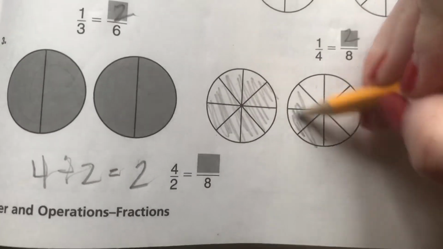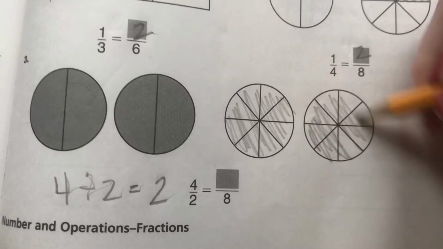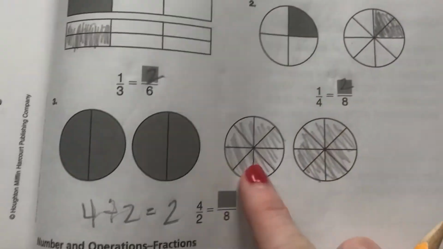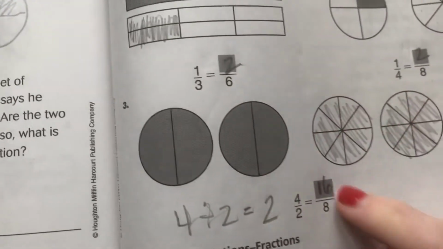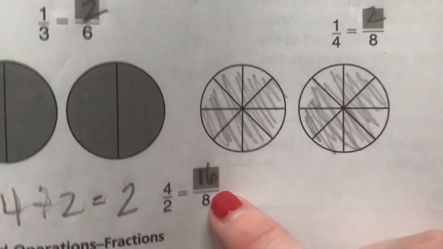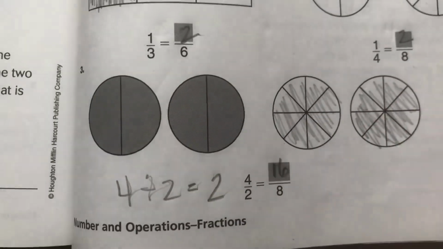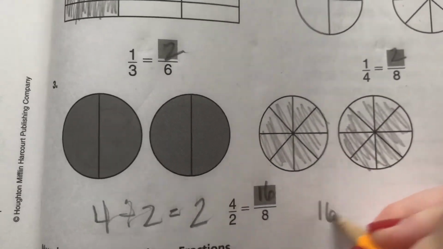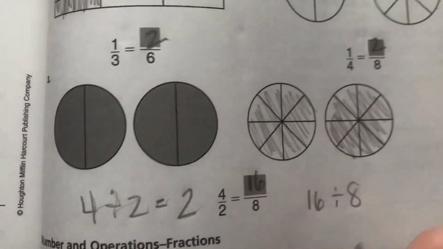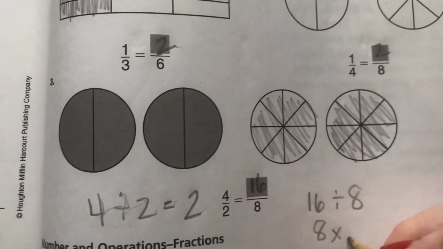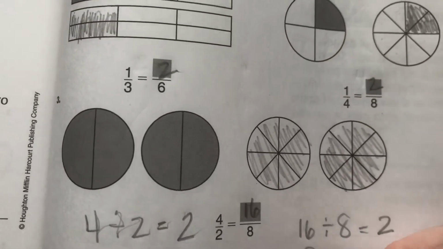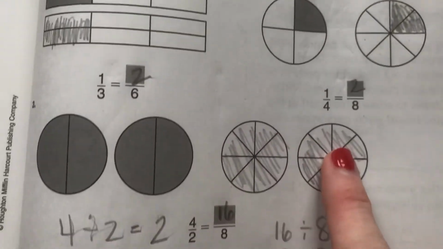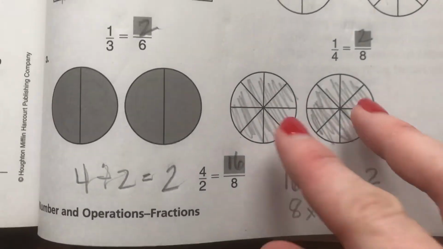Then I'm shading in all 8 parts here. And if I had 8 here and 8 here, that gives me 16 shaded in parts out of 8 in each circle, which again, if I have 16 divided by 8, or 8 times what equals 16, my answer would be 2. I have 2 fully shaded in circles, 2 wholes.